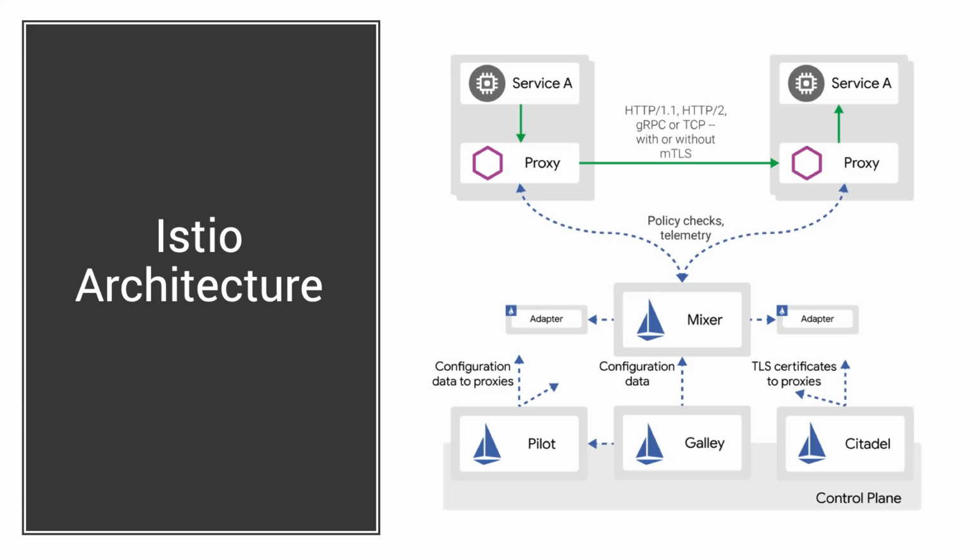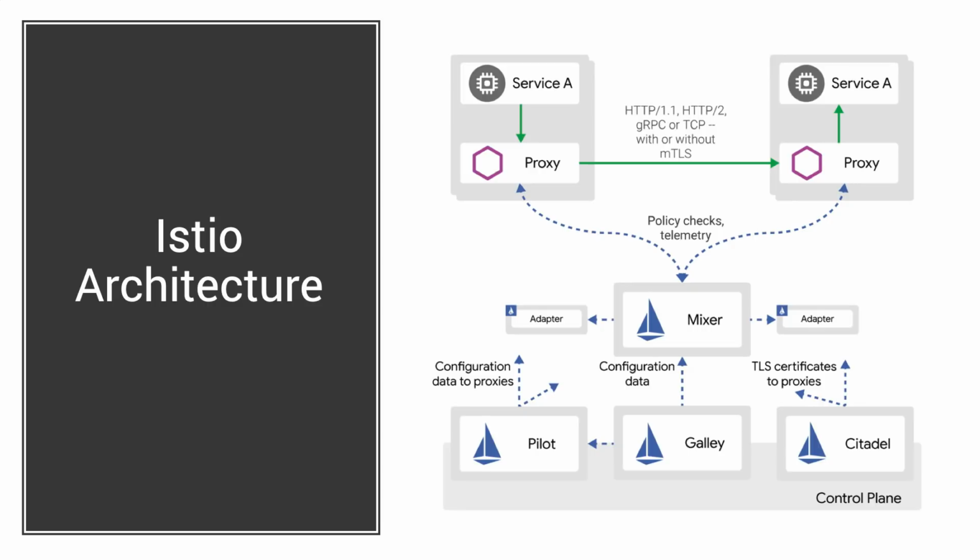Taking a closer look at the architecture, you have the control plane that is composed of multiple components. First of all, there is Mixer, then there is Pilot, then there is Galley and Citadel. The Mixer is going to be the endpoint to which all the proxies will talk. So the telemetry would flow into the control plane via the Mixer.